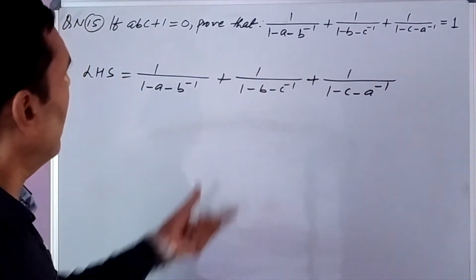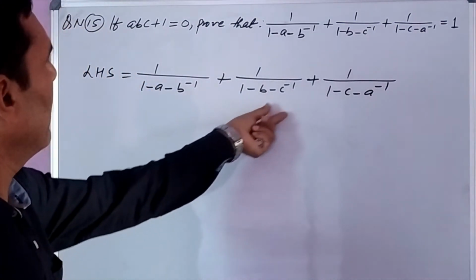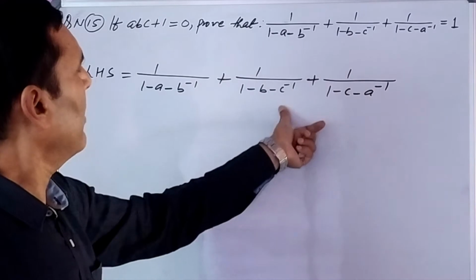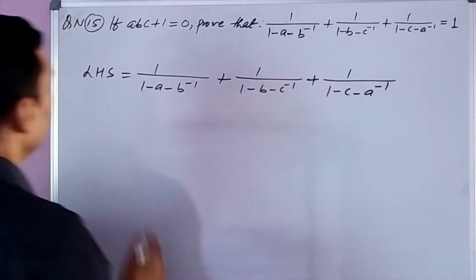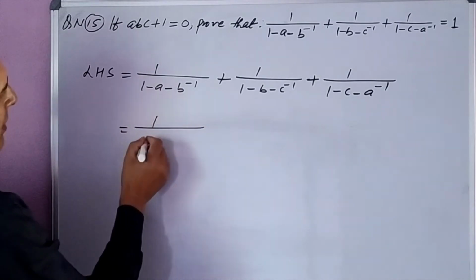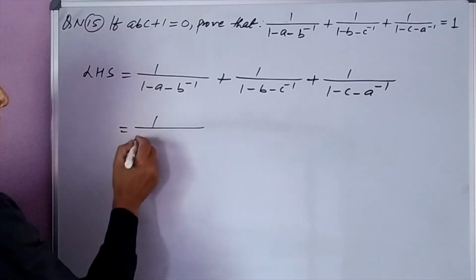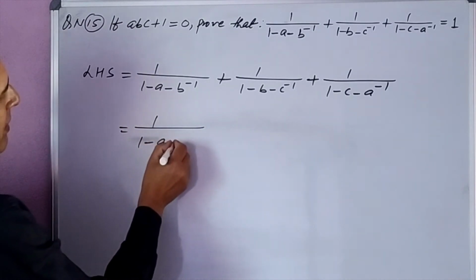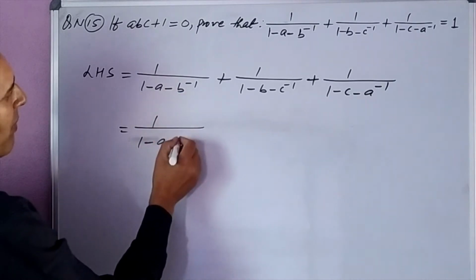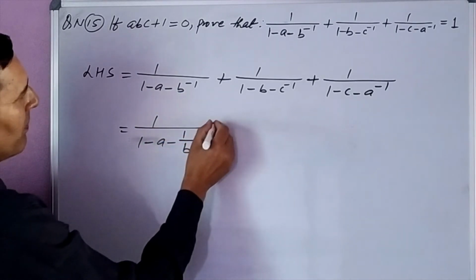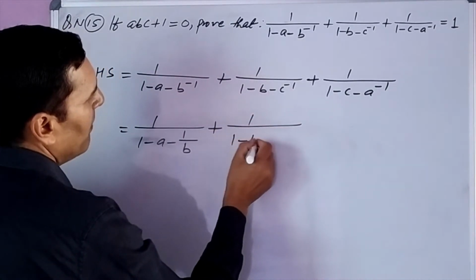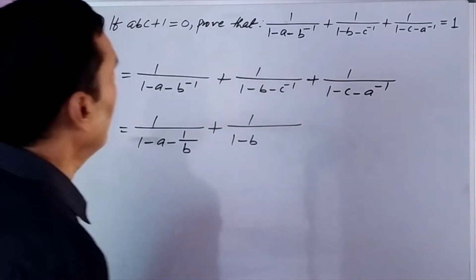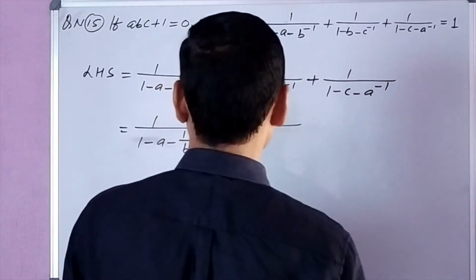So we are replacing the value of this c to the power minus 1 in the second denominator and this c in the third denominator. The first denominator we write as it is: 1 upon 1 minus a minus, we can write this b to the power minus 1 as 1 upon b, 1 minus b. What is this c to the power minus 1?